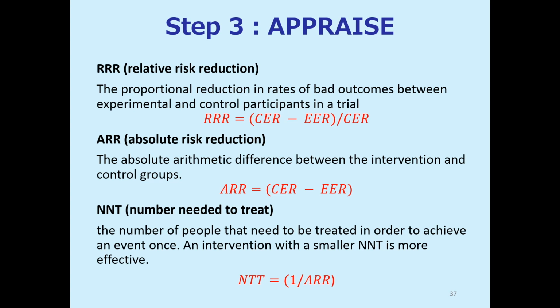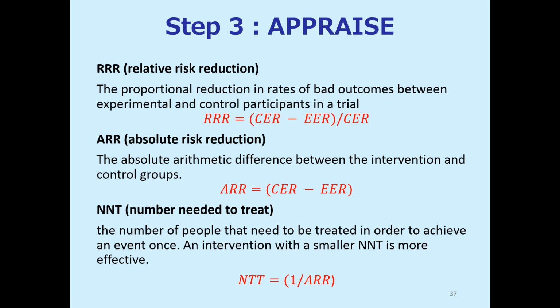So it is given by the following equation: control event rate minus experimental event rate divided by control event rate. And the absolute risk reduction is the absolute arithmetic difference between the intervention and control groups, and the equation is control event rate minus experimental event rate.